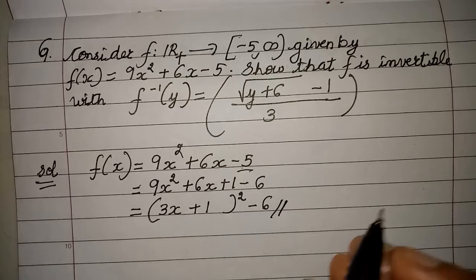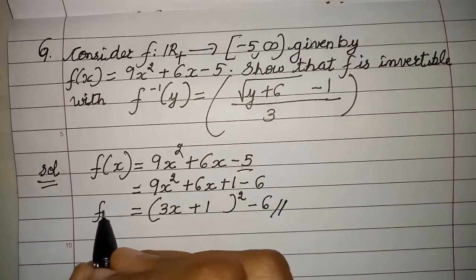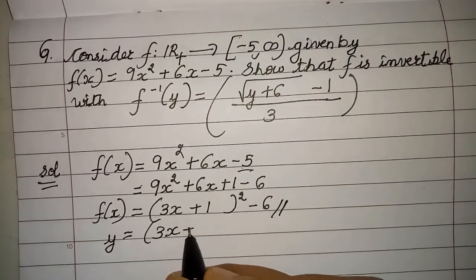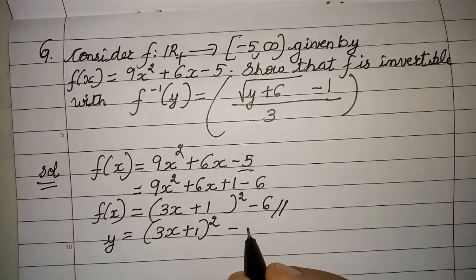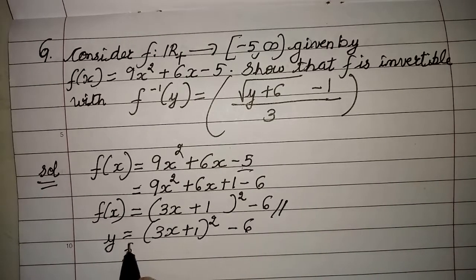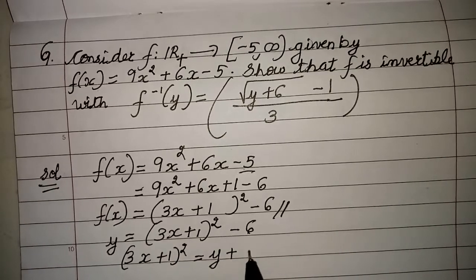So my f of x is of this type. Now let me call this some y. So this will be better. It will be 3x plus 1 the whole square minus 6. So if I try to simplify this, 3x plus 1 the whole square will be equal to y plus 6.